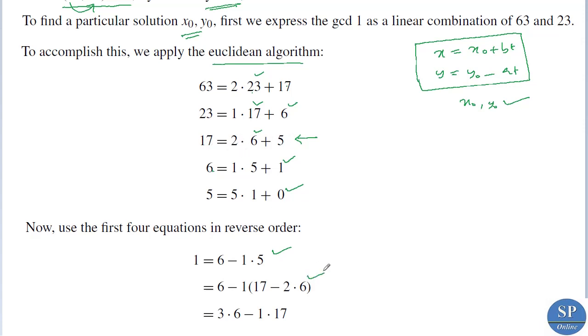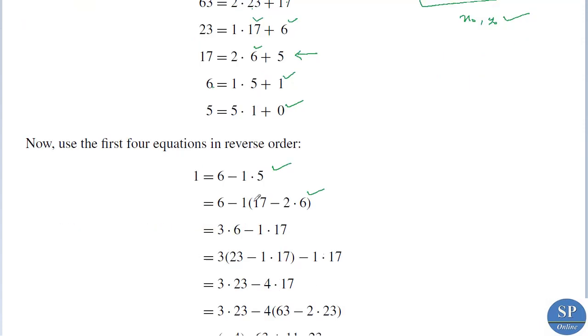So this is 6 plus 2 into 6, that is 3 into 6 minus 1 into 17. Now 6 can be replaced by 23 minus 1 into 17. Multiplying this we get 3 into 23, minus 3 into 17 minus 1 into 17, that is minus 4 into 17.